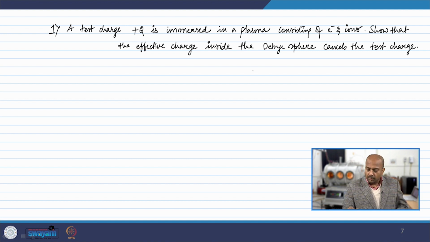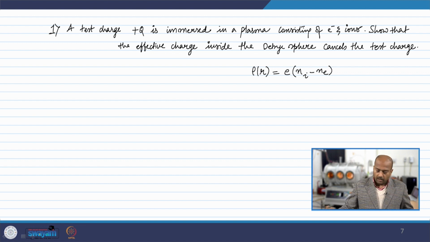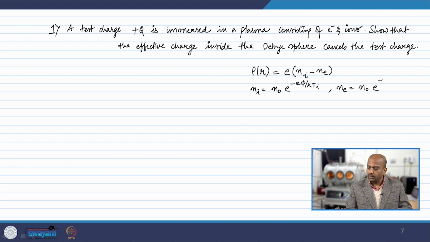We can start from the expression for the density, which is e times n_i minus n_e. We know that the number of ions is n_0 e to the power of minus e phi by k T_i, and n_e is n_0 e to the power of plus e phi by k T_e.